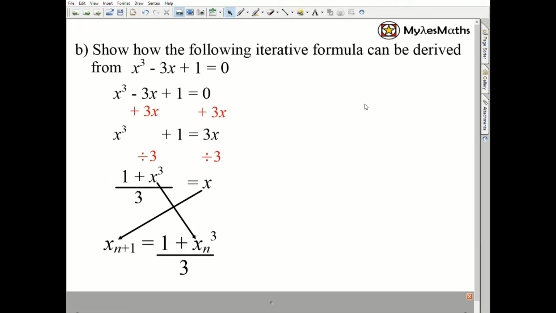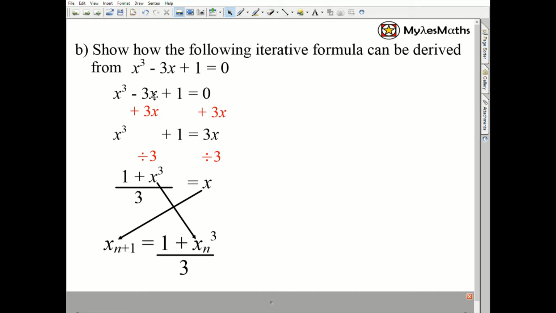Part B of the question says, show the following iterative formula can be derived from x cubed minus 3x plus 1 equals 0. So what I'm doing here, as in the previous exercise, is trying to get x equals. I can see from the final form that I need to be dividing by 3 at some point.